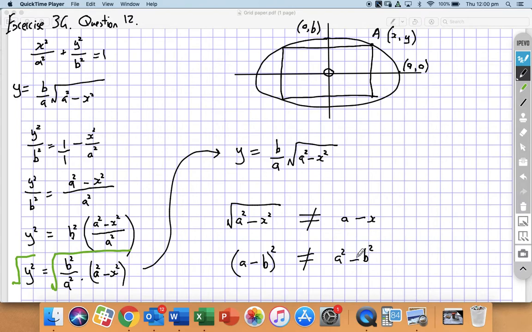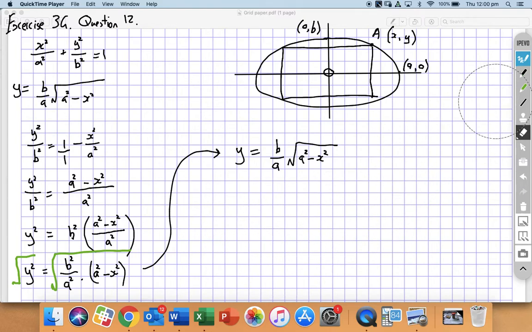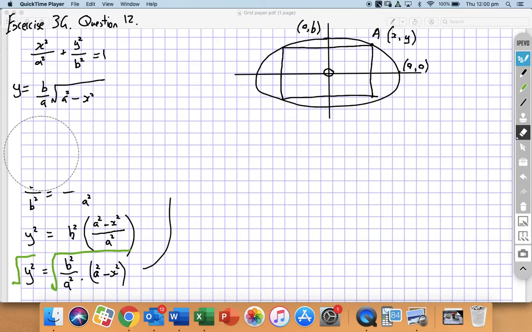It would be a squared minus 2ab plus b squared. If we thought of this square root as a power of a half, you can see why you can't just do a to the half and b to the half. Okay, so we've got y in the form that the question wanted it. Okey dokey.